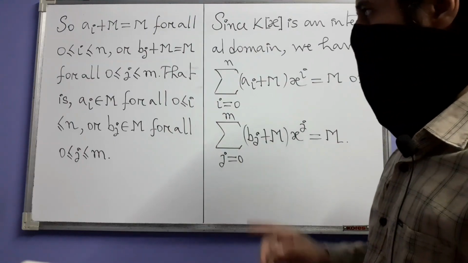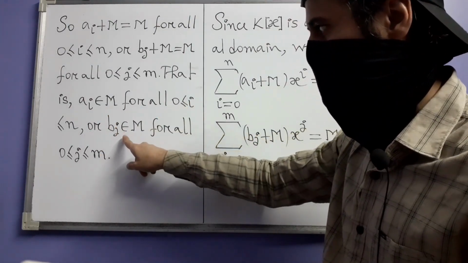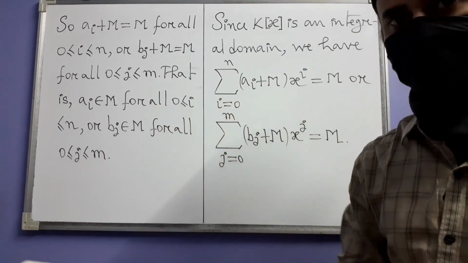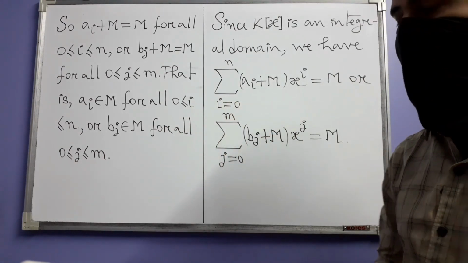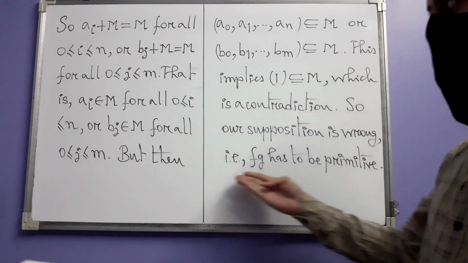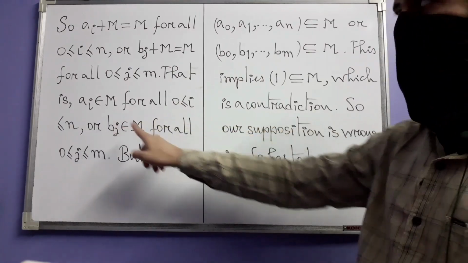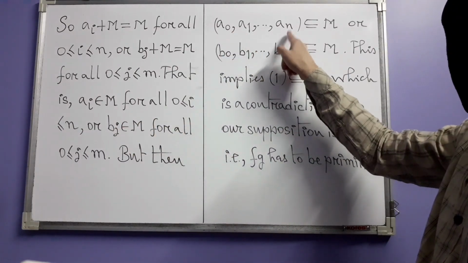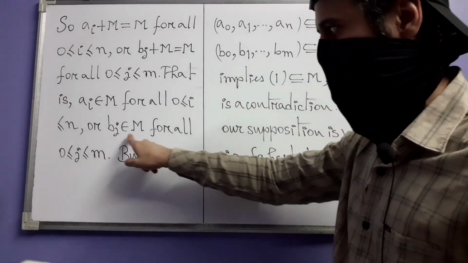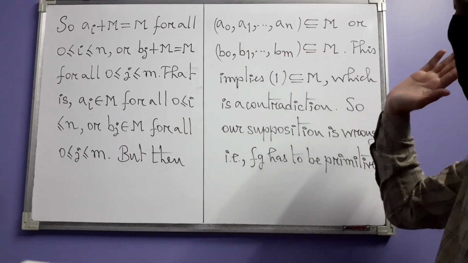That is, either ai belongs to M for all these i's, or the bj's are all inside M for all the possible j's. This, however, is a problem, and this is the problem. If all the ai's are inside M, then obviously the ideal they generate would be contained in M, whereas similarly if all the bj's are inside M, then the ideal they generate would be contained in M.